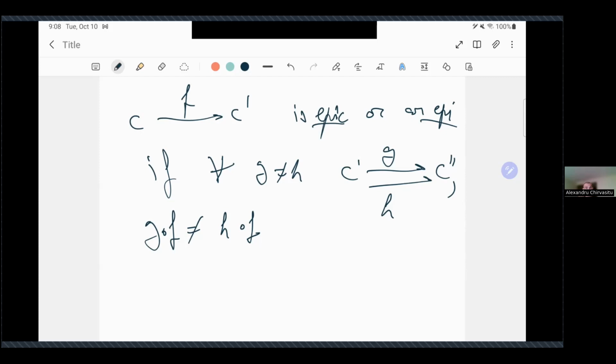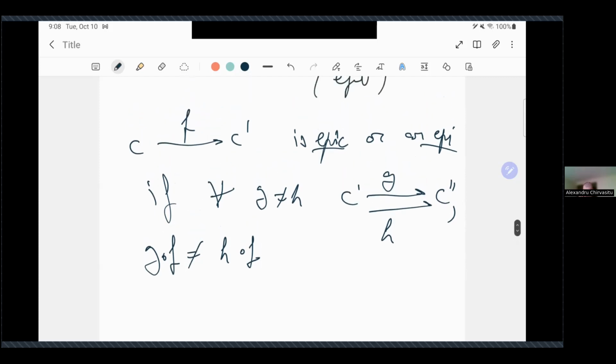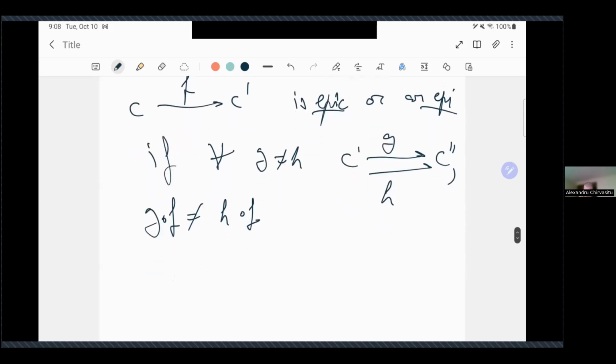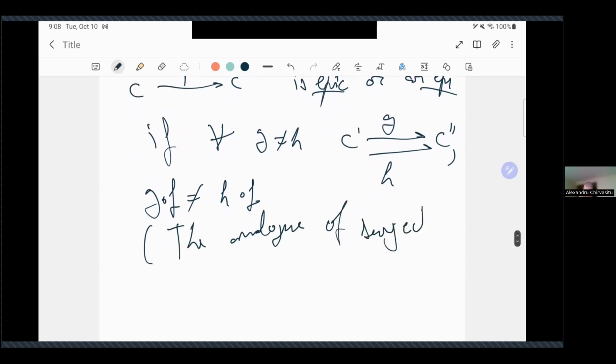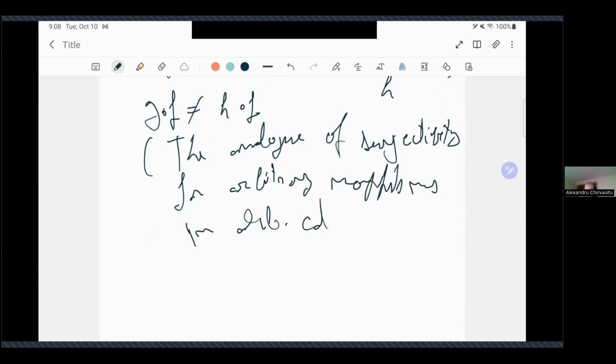So that's why this is a good imitation of the concept of surjectivity. This makes sense for arbitrary morphisms in arbitrary categories. So this is the analog of surjectivity for arbitrary morphisms in arbitrary categories.